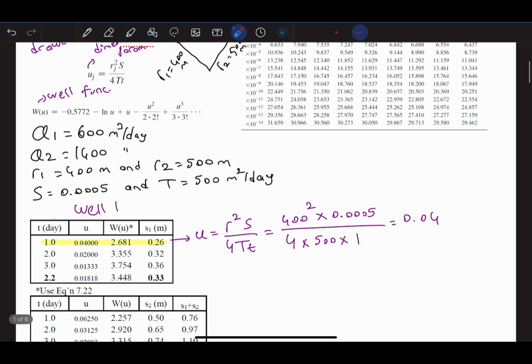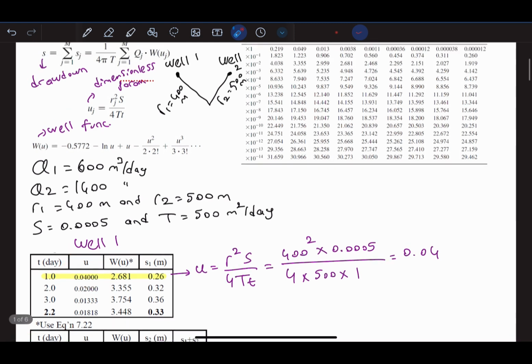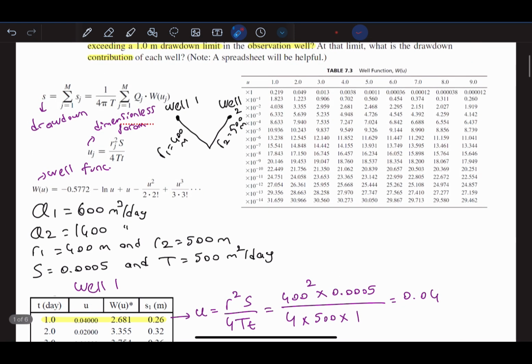The next step is calculating the well function based on this u value. If it is a certain value, such as 0.04, that you can find in the table, you can directly use table 7.3.